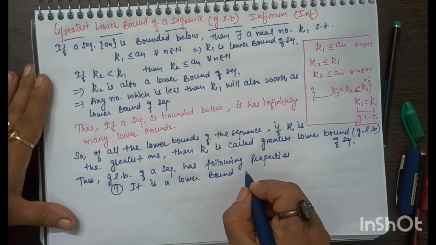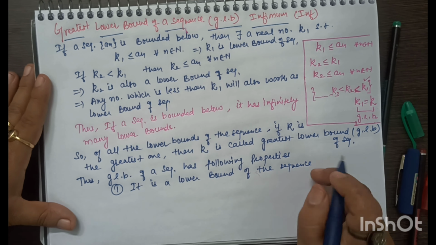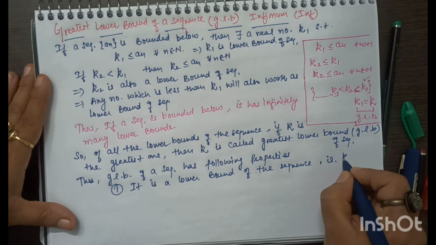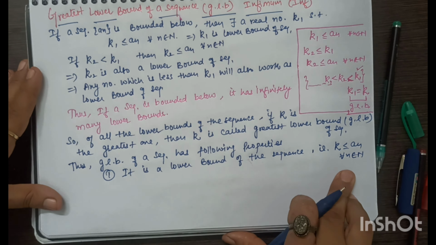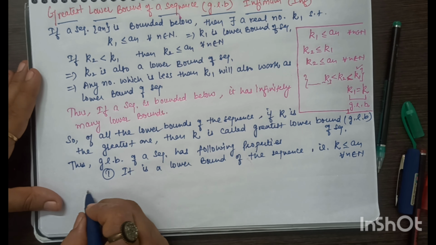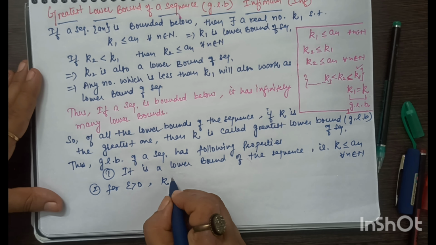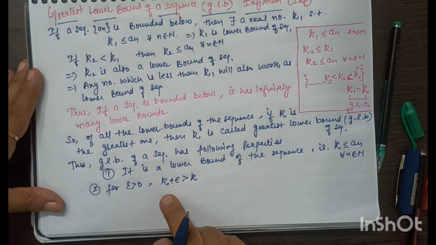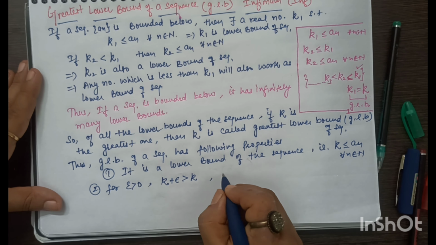One is it is a lower bound of the sequence. That means every term of the sequence is greater than or equal to that particular value, small k less than or equal to a_n for all n natural. Secondly, any number slightly greater than that value will not work as a lower bound. So k plus epsilon, which is greater than k because epsilon is a positive quantity.